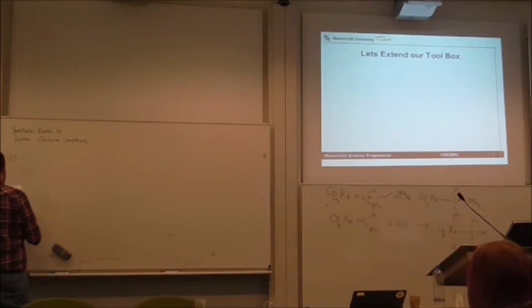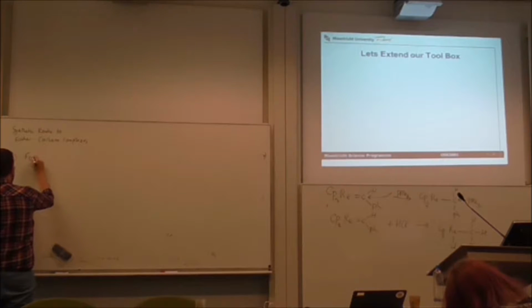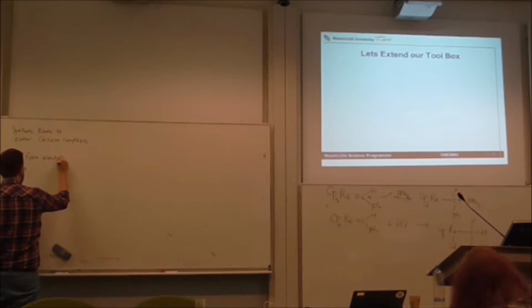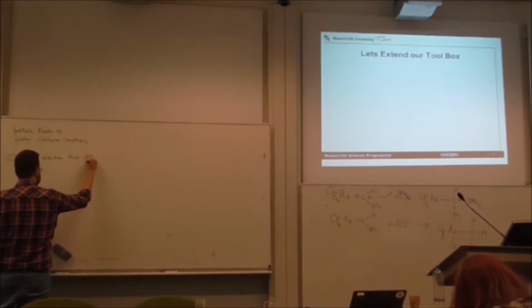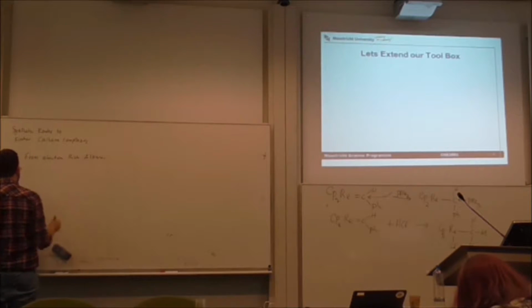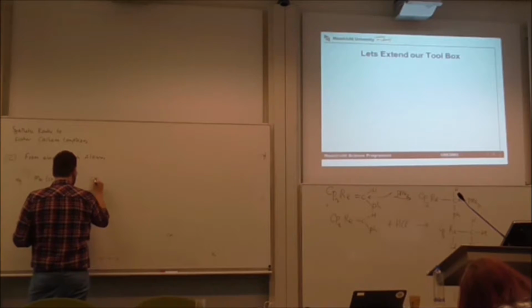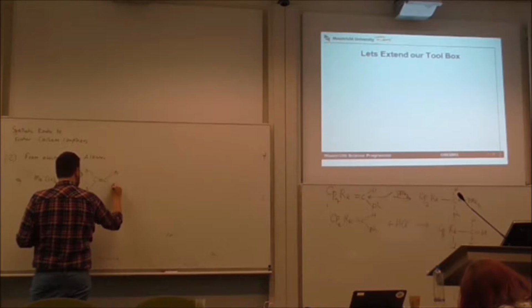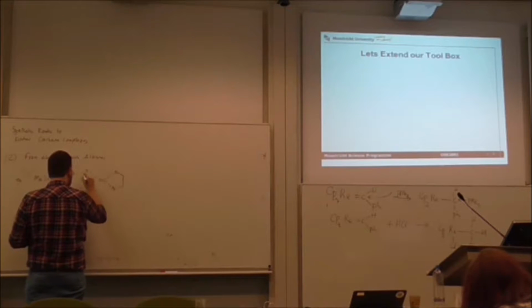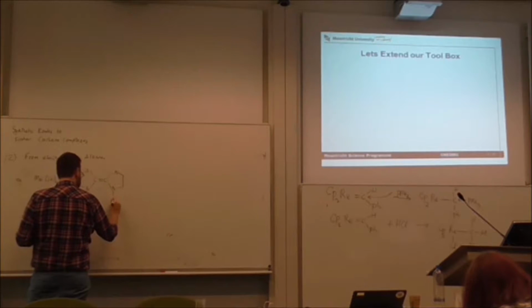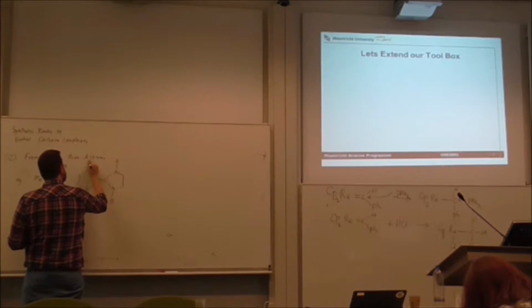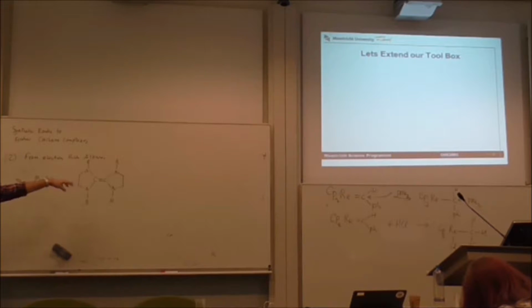This is quite interesting. This is from electron-rich alkenes. Now what we do here, this is a beautiful reaction. Here's an example. We take, for example, molybdenum hexacarbonyl, and we react it with something like this. This is an electron-rich alkene, because it contains these electron-pushing amine groups.